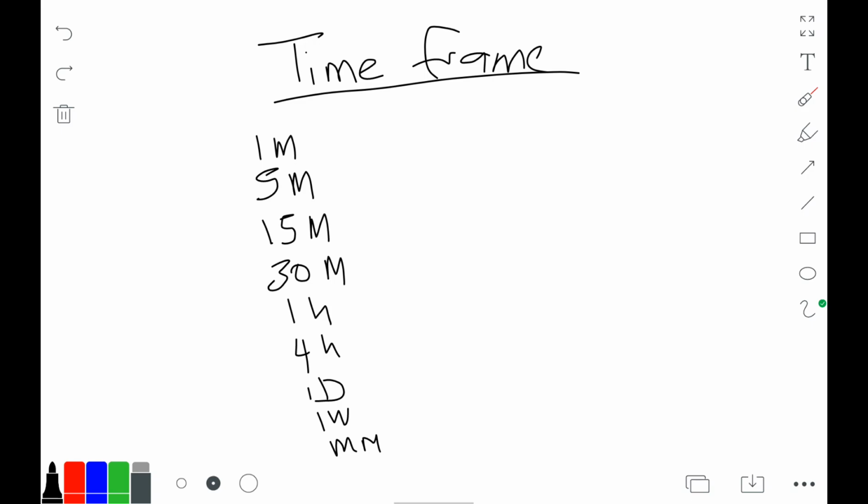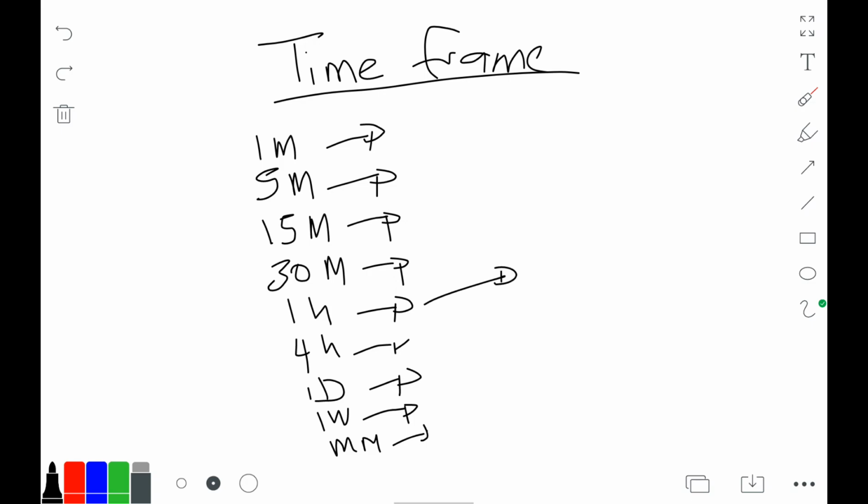So in these time frames, when you open your chart, all of them will have their own candle. I'm going to give you an example. If I come to 1 hour, I find candles like this. These are the candles.